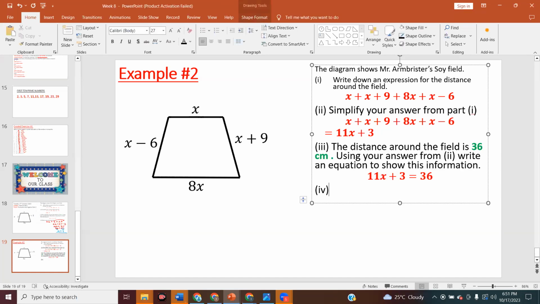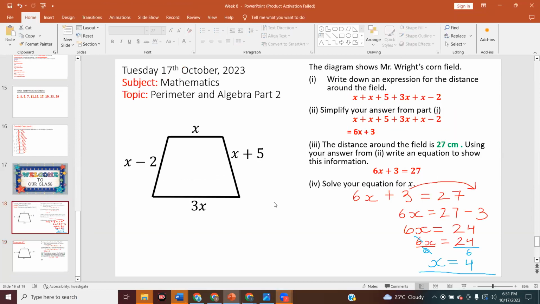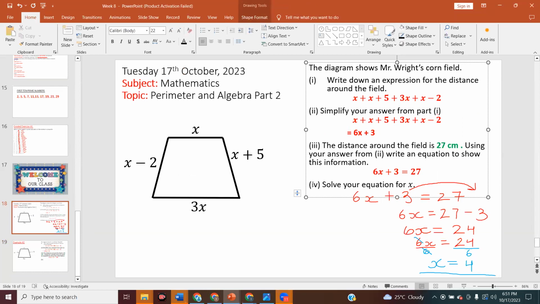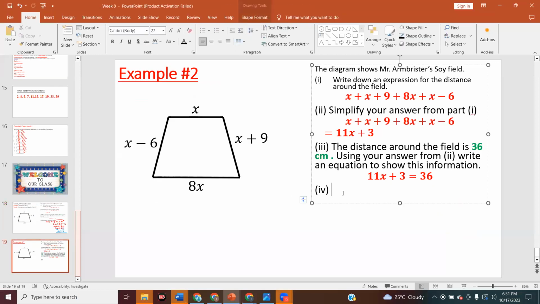Now, solve for x. Before I even solve it, solve for x. Anyone put your answer inside the chat once you solve for x. Solve for x and put your answer inside the chat for me, please. So solve your equation for x. Again, solve your equation for x.